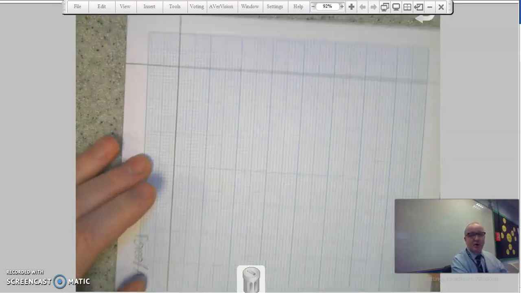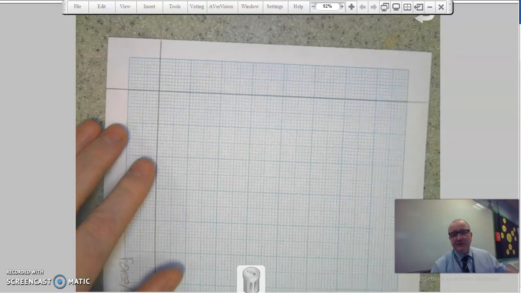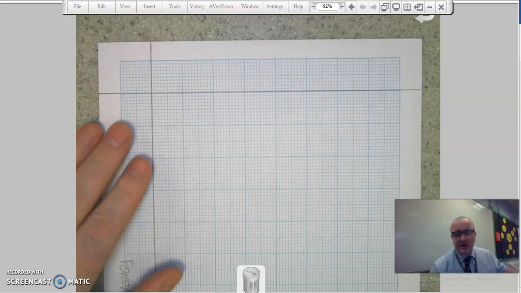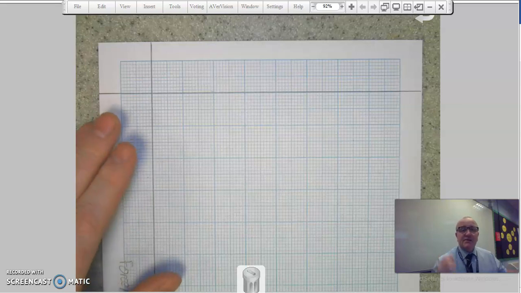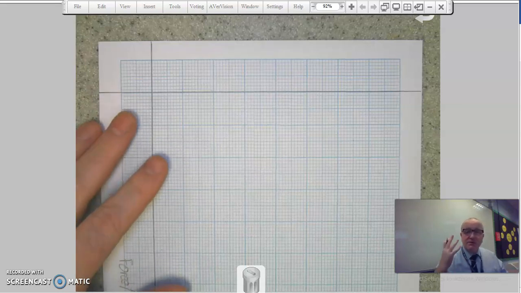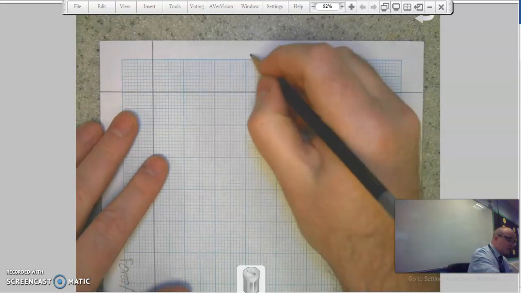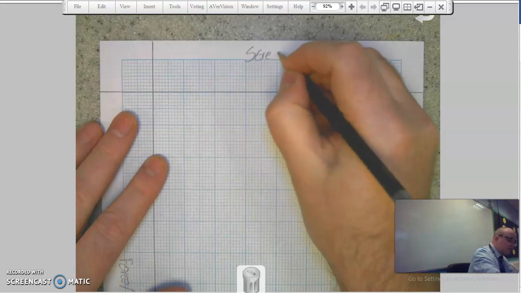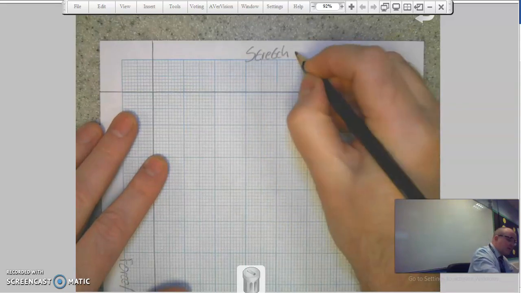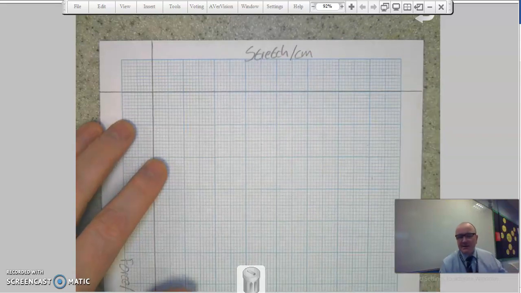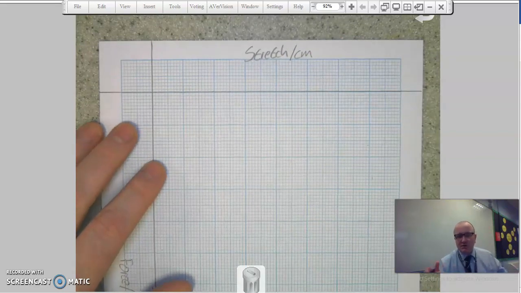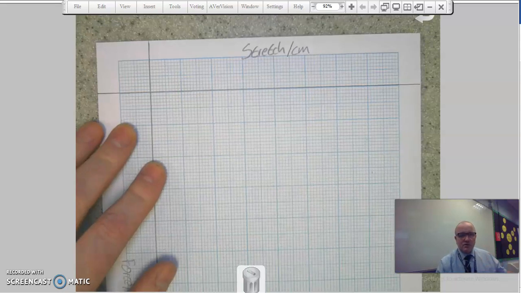Our dependent variable, the outcome of our investigation, always goes on the y-axis. In this case, the dependent variable was stretch. To make our lives easy, we're going to use centimetres. That's why I wanted you to convert it from meters into centimetres. It's going to make our life a little bit easier when we do our graph.